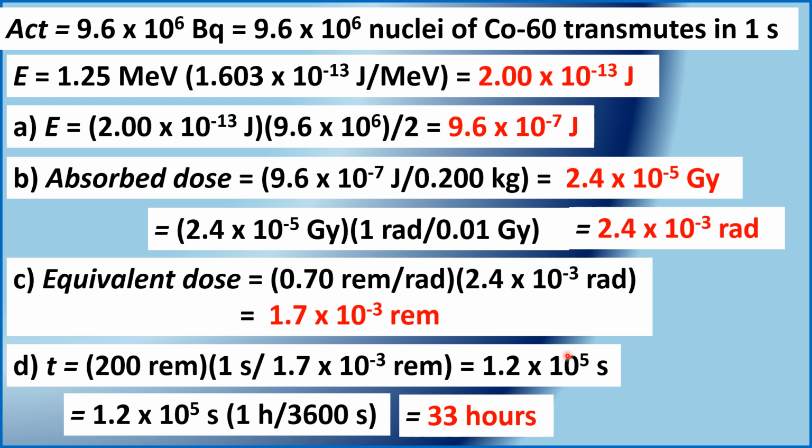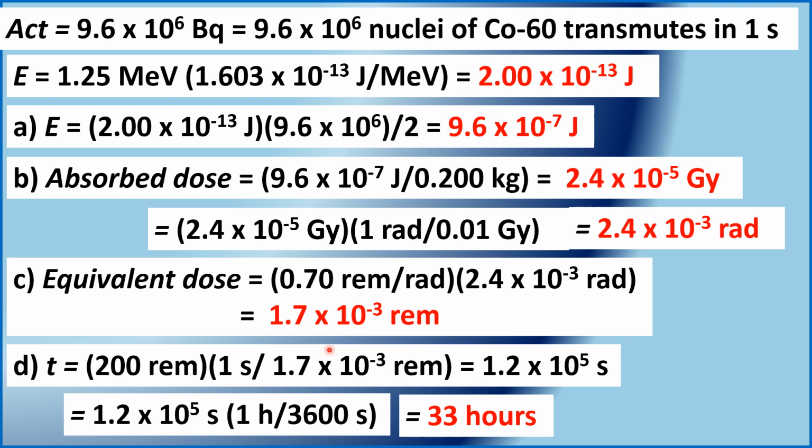Because you are not going to expose the tumor or the body with this amount of equivalent dose of 200 rems all at once. That is not what is done here.